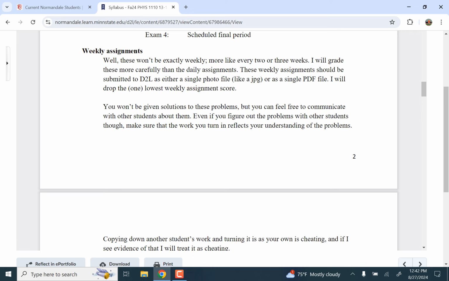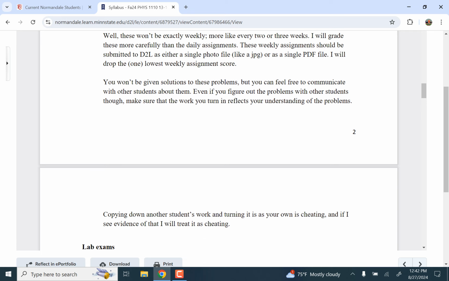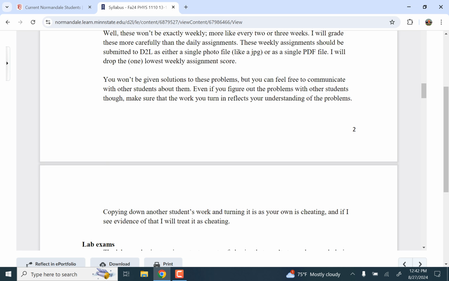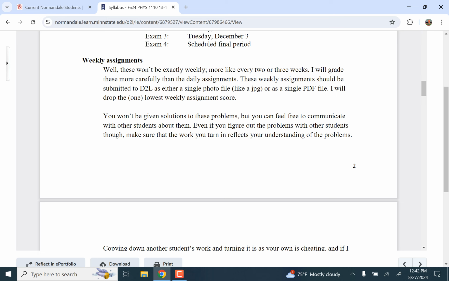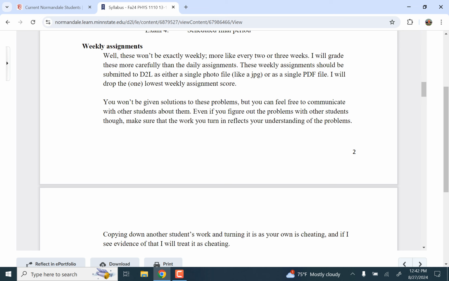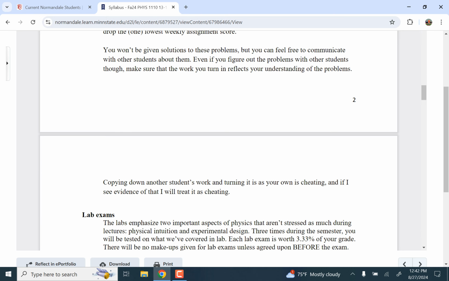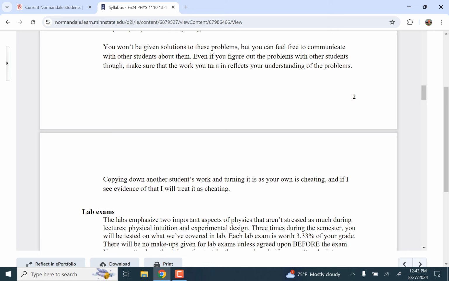I'm only giving you solutions to the daily assignments. Any questions about the weekly assignments? I call them weekly assignments because I always give you about a week from when I assign them to when they're due, so you have time to fit it into your schedule wherever.